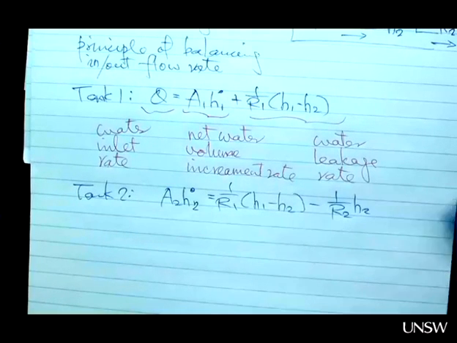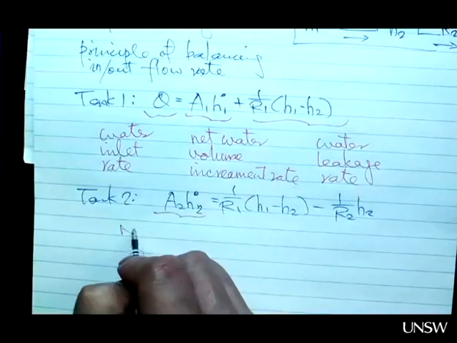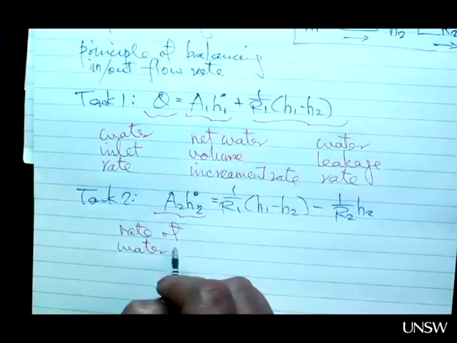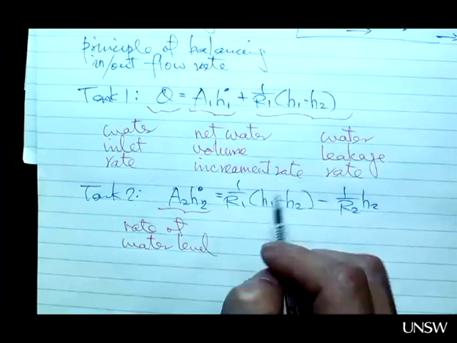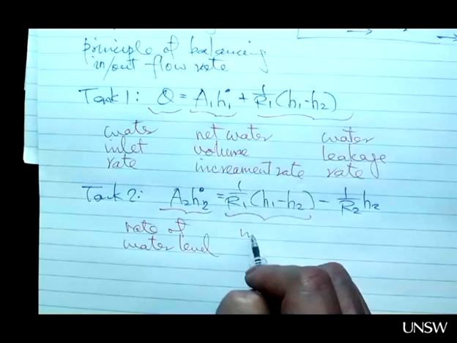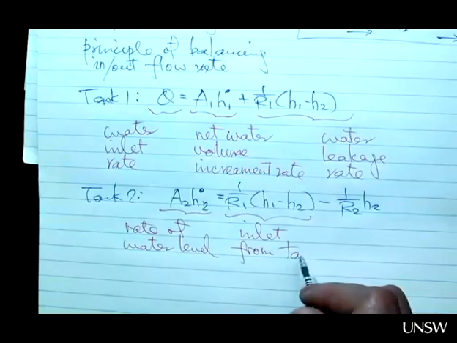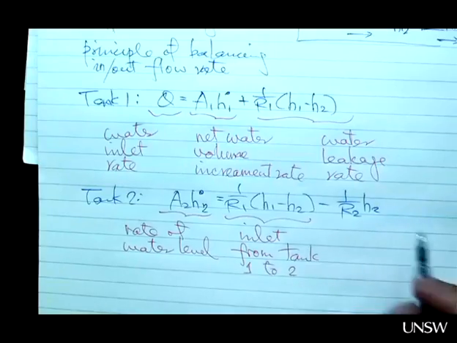So it is rate of water level. And this is inlet from tank 1 to 2. And then it is leakage rate.